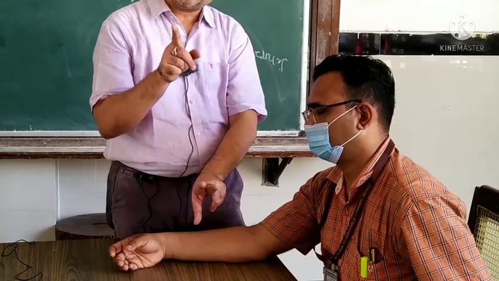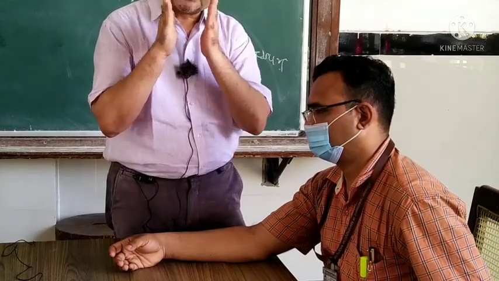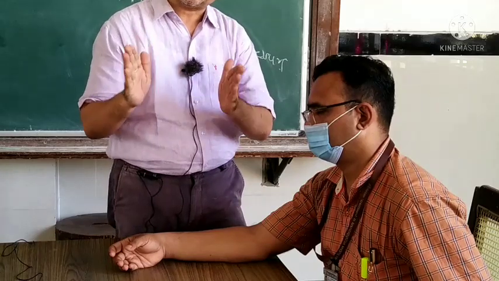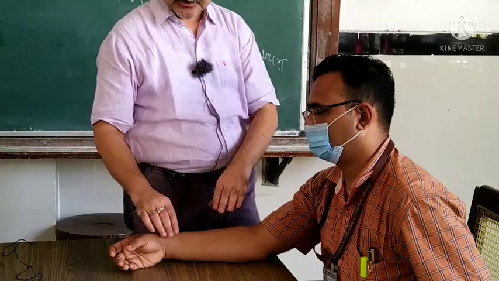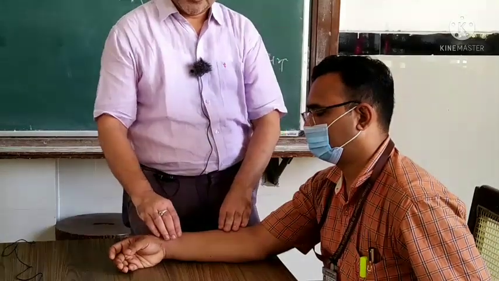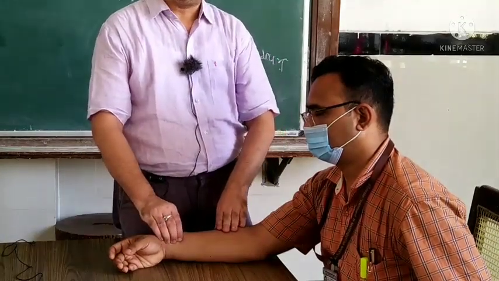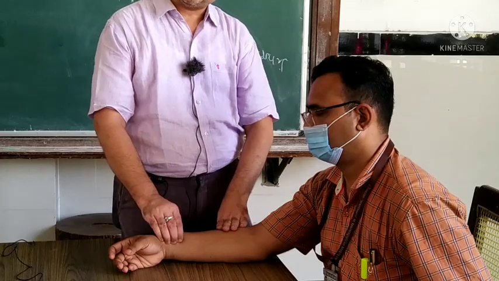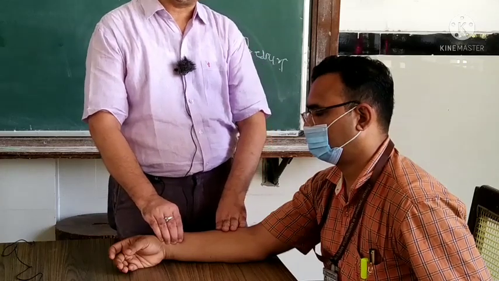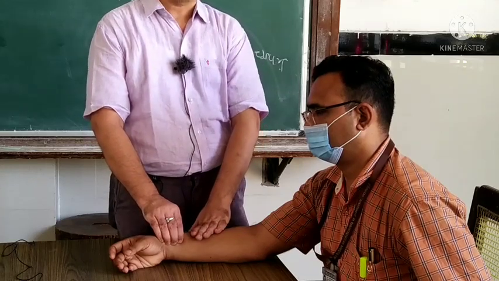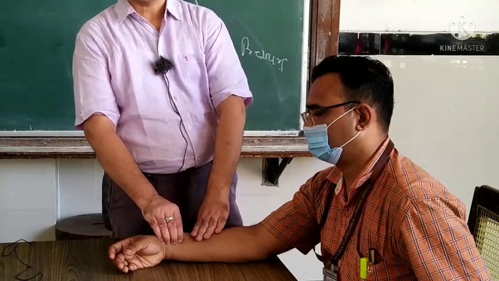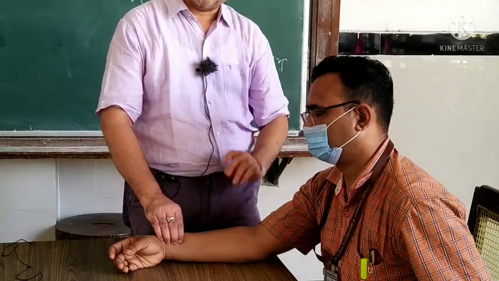So tension is determined during the gap between two successive beats. It is something difficult to assess, and it comes with practice. Tension denotes the diastolic blood pressure, and if the diastolic blood pressure is normal, we say that the tension is moderate.